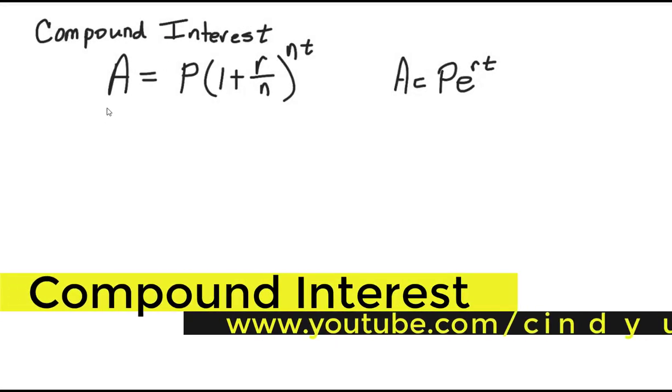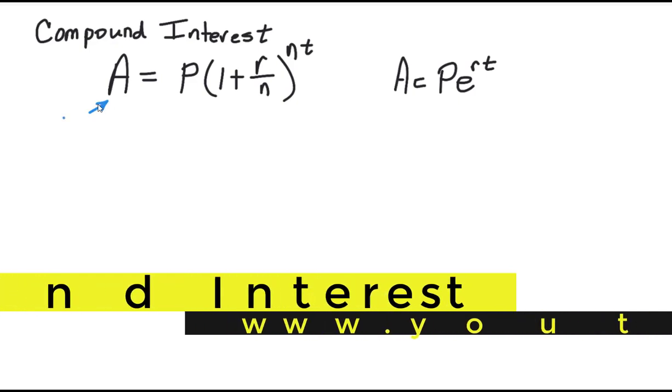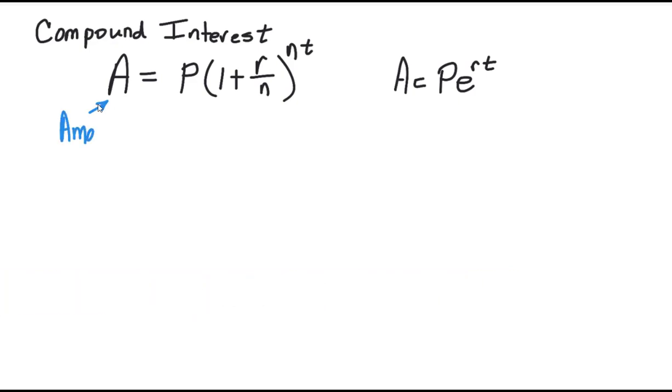Okay, we're given the two formulas for compound interest, where A would be the amount of money you either owe, or if you've invested, interest isn't always bad, right? If you invest, then that would be the amount you'd get back.